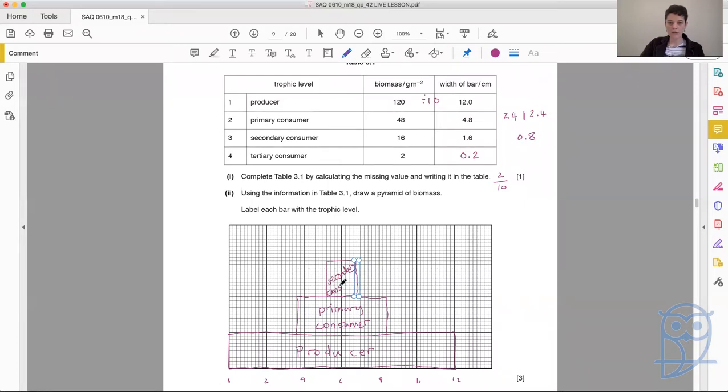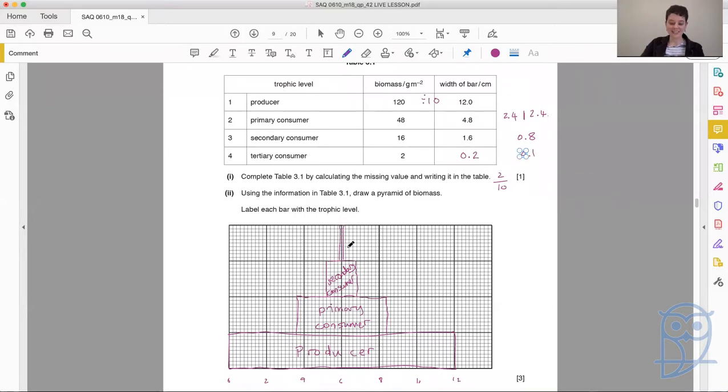Secondary consumer. The last one, itty bitty tiny, 0.2 is the full width. So half of it's going to be 0.1. So remember, we were counting in 0.2s for our grid. So 0.1 is halfway between, and across the top.